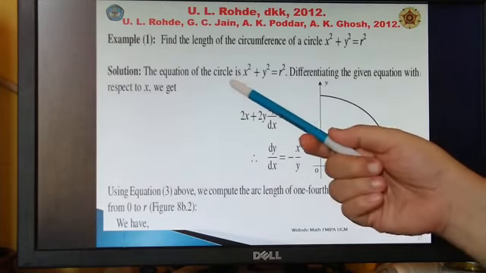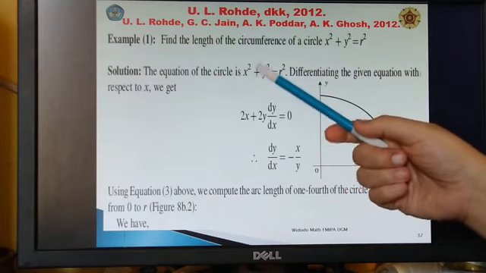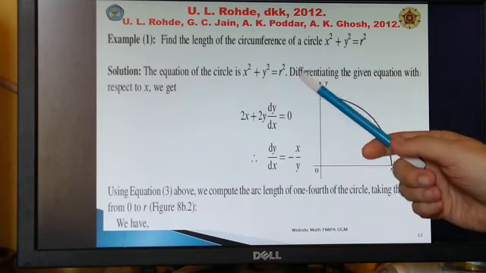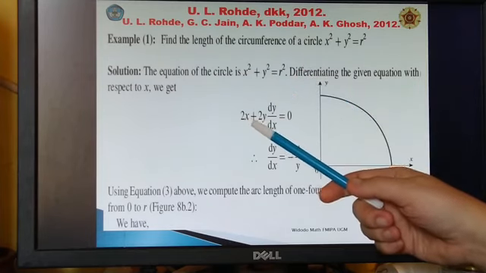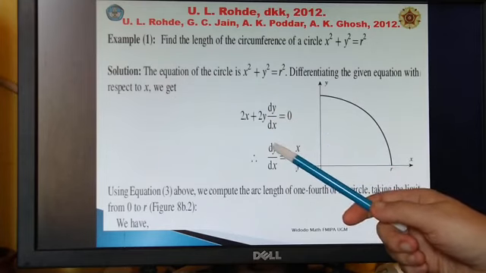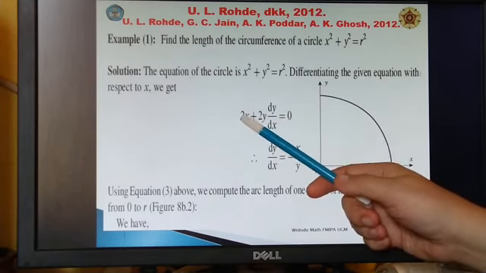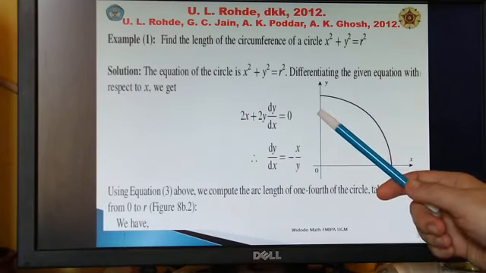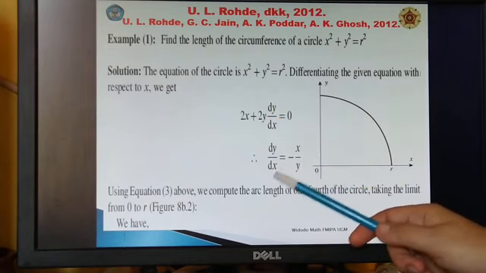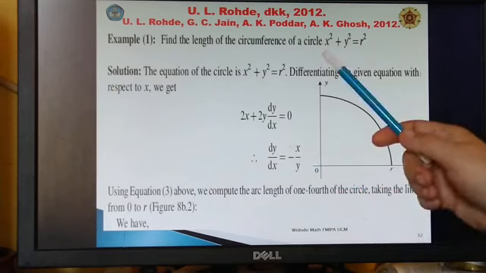By using implicit differentiation, we have that the derivative of the circle is 2x plus 2y dy/dx equal to 0. So dy/dx is equal to, moving to the right side, minus x divided by y. So this is the derivative of the circle.